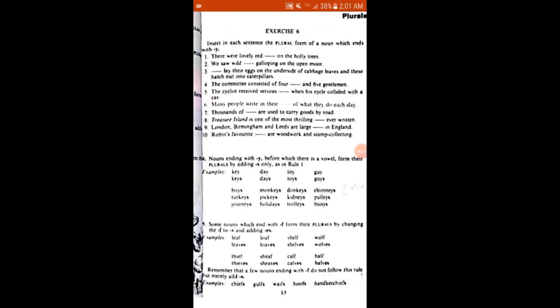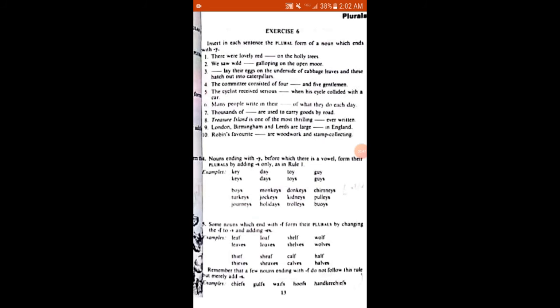So you have seen that in berry, before the y the r is coming, that is a consonant, not a vowel. So we have to see that if the noun is ending in y, before the y there is a consonant or a vowel. If there is a consonant, we omit the y and replace it by ies according to rule number 3.